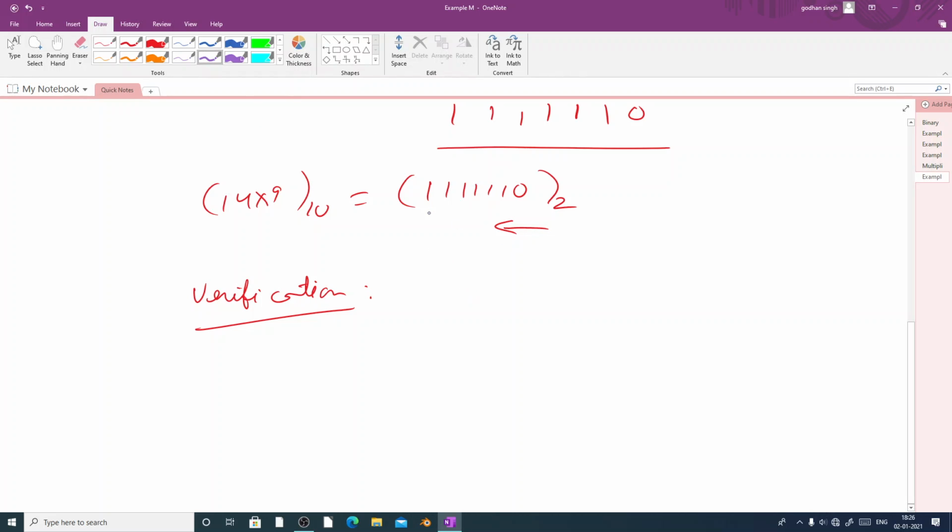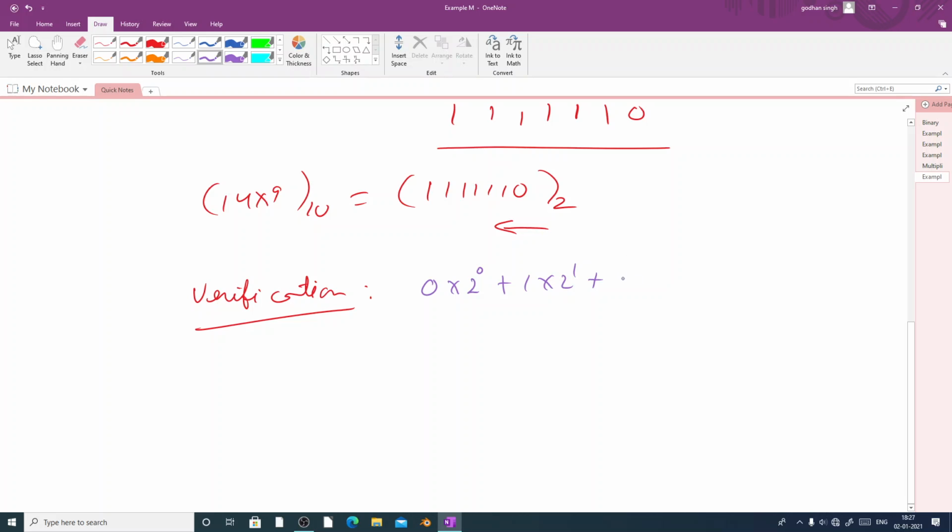So whenever we are converting a binary number into decimal form, we have to move from right to left. So 0 into 2 raised to 0 plus 1 into 2 raised to 1, and every time we'll increase the power of 2. And how many 1s are coming? 1, 2, 3, 4, 5, 6.